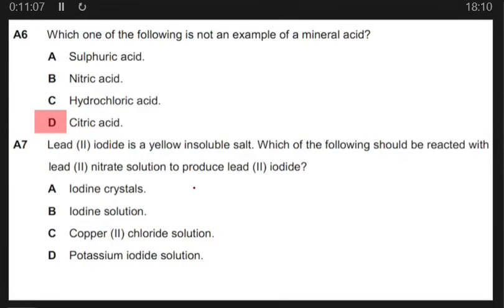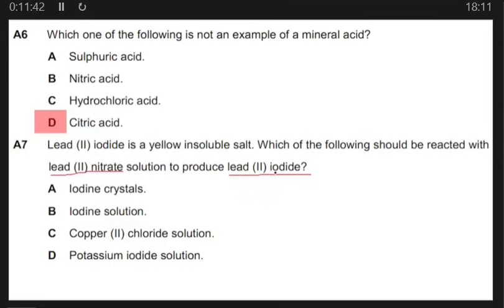Insoluble salts are prepared by the process known as double decomposition or precipitation, and the reactants needed to form an insoluble salt must be soluble salts. So this lead nitrate is a soluble salt, so it needs another soluble salt to combine with and give this salt.